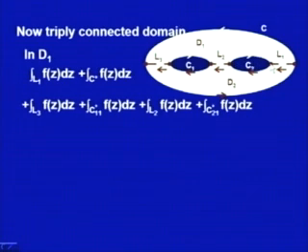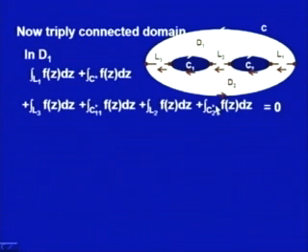So we have this complete boundary: L1, C star, L3, C11 star, L2 and C21 star. The integral of f(z) dz along this should be 0, because this is a closed contour in a simply connected domain, according to the Cauchy integral theorem.